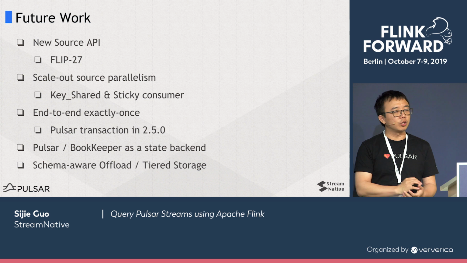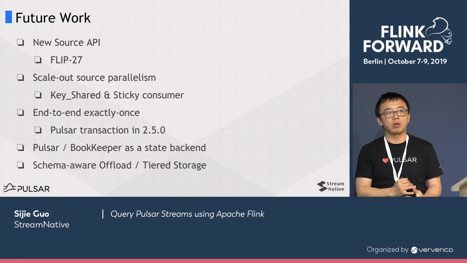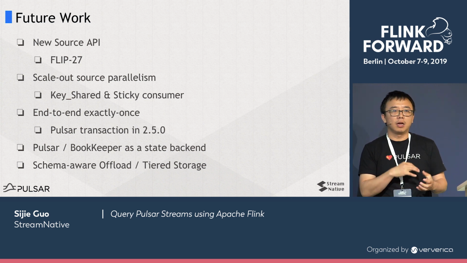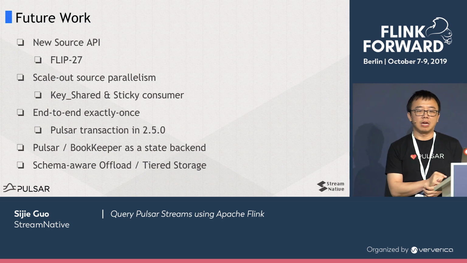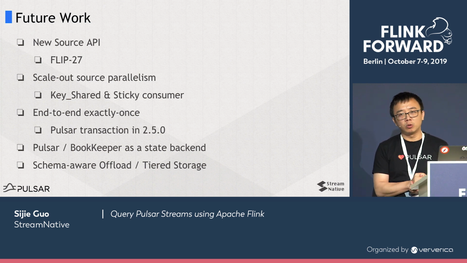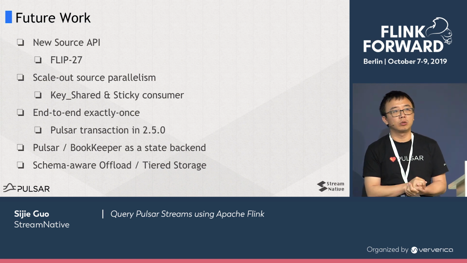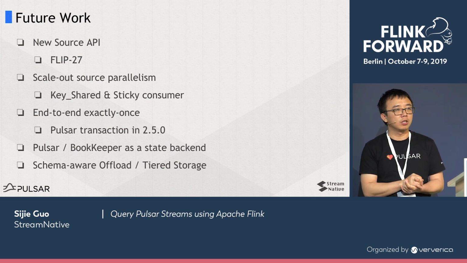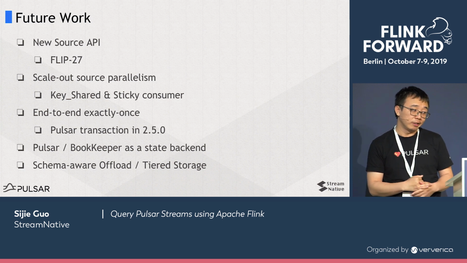We are introducing a new type of subscription called key shared subscription. It provides some advantages by combining both streaming and message queuing into one subscription mode. We want to use that to leverage the integration between Pulsar and Flink.